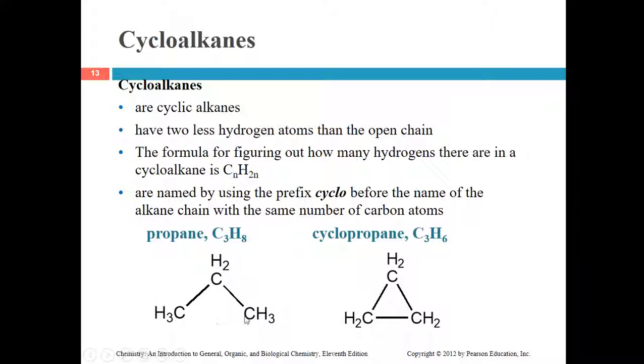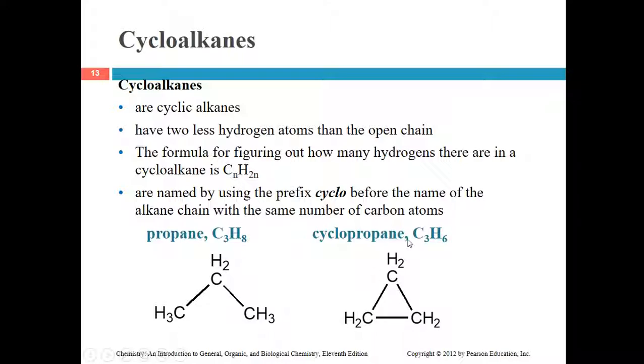Let's see. First of all, it's not all connected. The propane is not totally connected, whereas this cyclopropane is totally connected. Well, in so doing of having a connection here, it had to give up 2 hydrogens to form this bond. So you'll notice that the formula is different. So we have, for however many carbon atoms there are, the amount of hydrogens is just 2n.